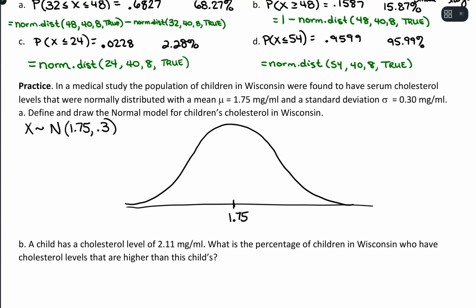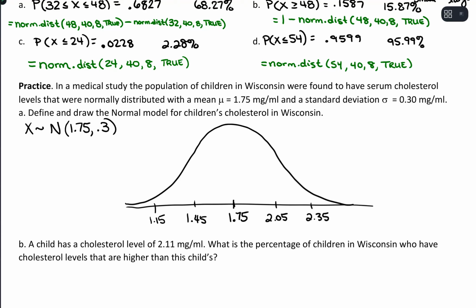And again, just try to estimate where 1 standard deviation above and below is. So we'll just get our number line going. And what we'll do is, moving to the right, we'll be adding 0.3. So this is a 2.05 and then a 2.35. And then moving to the left, we're subtracting, so 1.45, 1.15.